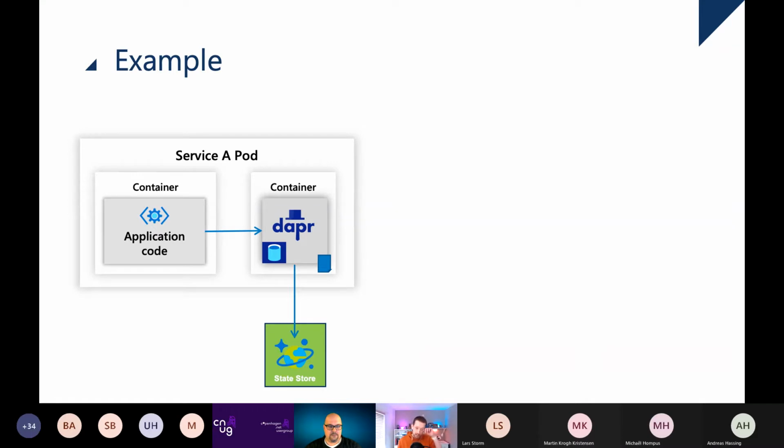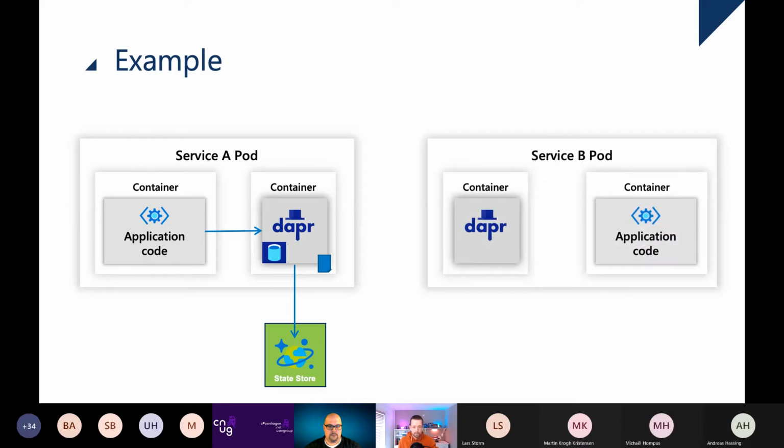Let's look at another example. Let's say that I now want to call another service, service B. Now with Dapr, I'm not calling the application code of service B directly. Instead, I'm going through these sidecars. So I'm making a call from the service A application to its Dapr sidecar, and telling it, hey, I want to send this call to service B. The Dapr sidecar will use its service discovery mechanism to figure out where service B is.